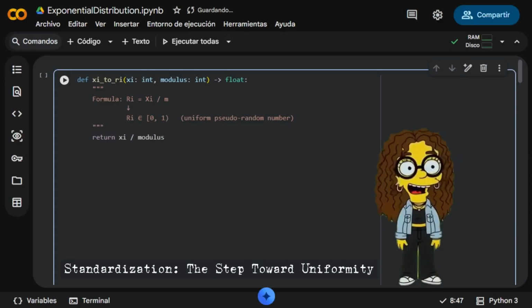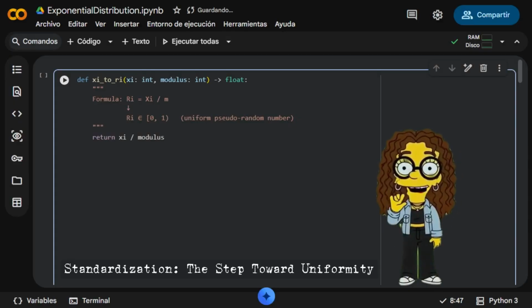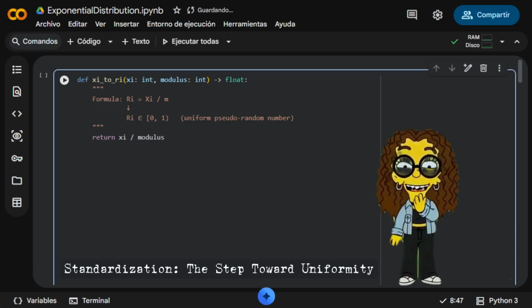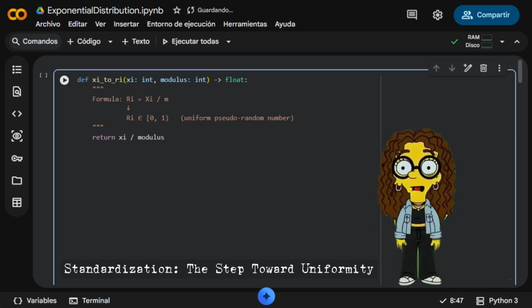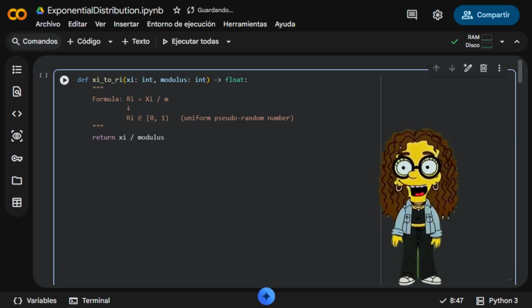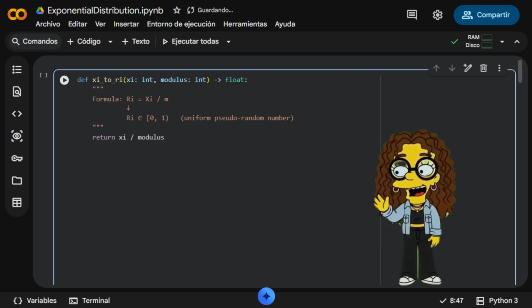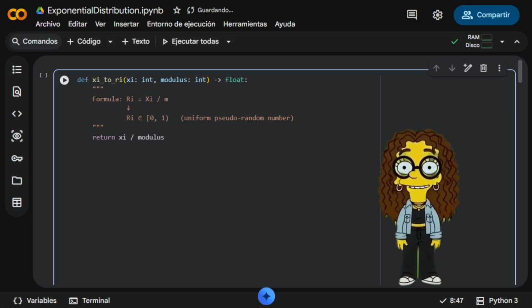Large integers are difficult to process for probabilistic models. Therefore, we implement the function Xi to Ri to normalize the data. Return Xi divided by modulus takes the integer generated by the LCG and divides it by the maximum possible value, m, converting it to a float.